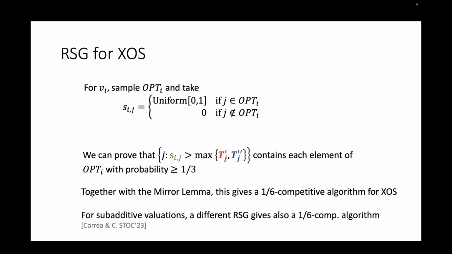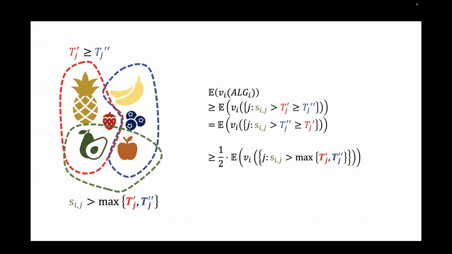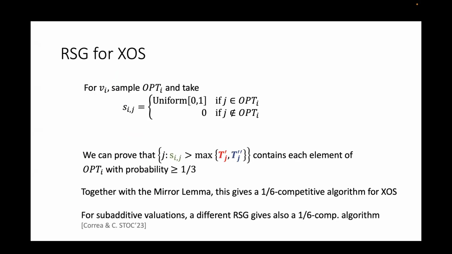So actually, to go to some approximation, we need to now define these score generators in some way. We want to define a random score generator such that the value of this set is good. This set here, we want it to have high value. So for that, we need to look into the random score generator. And for XOS, there is this very simple random score generator that gives a 1/3 approximation.